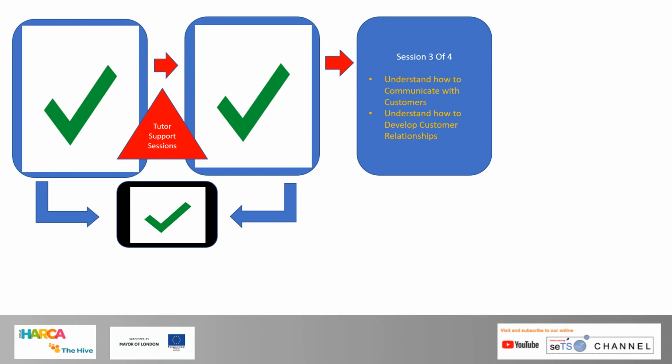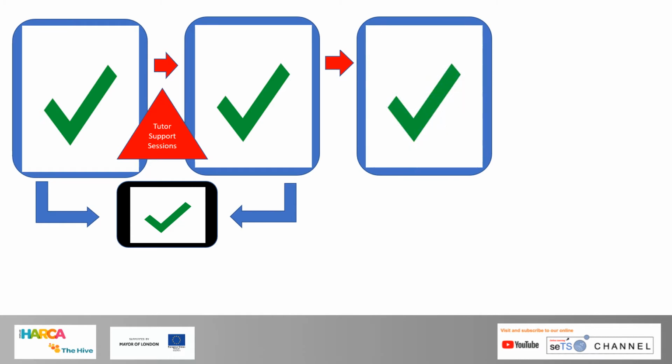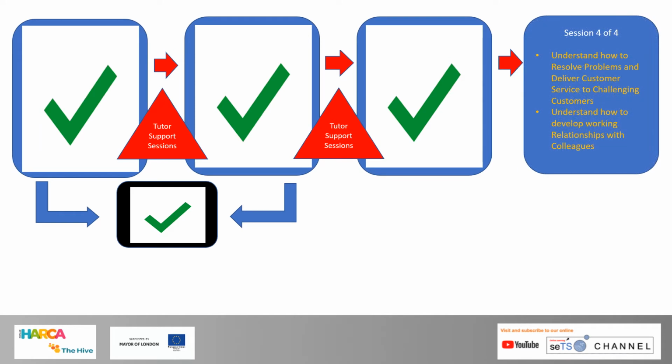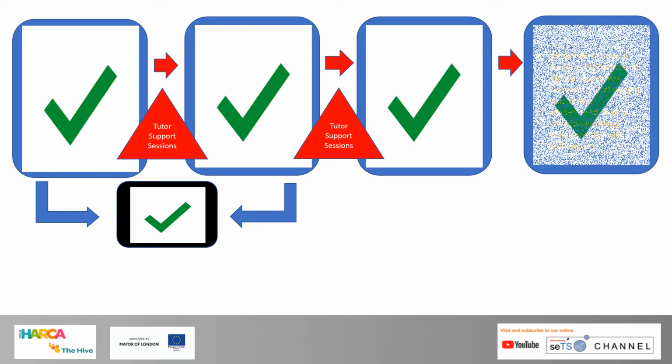Session 3 was understand how to communicate with customers and understand how to develop customer relations. And Session 4, understand how to resolve problems and deliver customer service to challenging customers, and understand how to develop working relationships with colleagues.